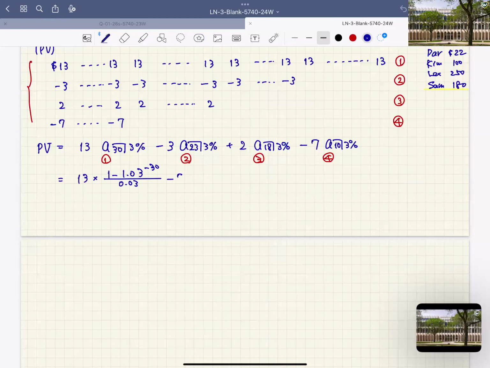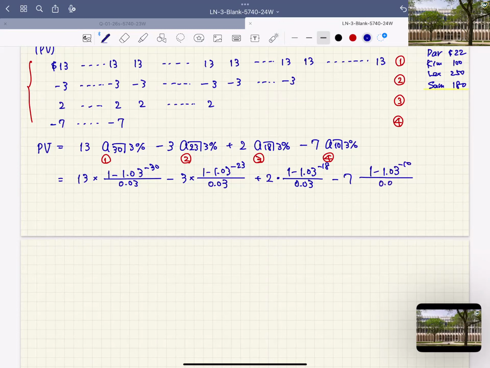And negative 3 times 1 minus 1.03 to the power negative 23 over 0.03, plus 2 times 1 minus 1.03 to the power negative 18 divided by 0.03, and minus 7 times 1 minus 1.03 to the power negative 10 over 0.03.